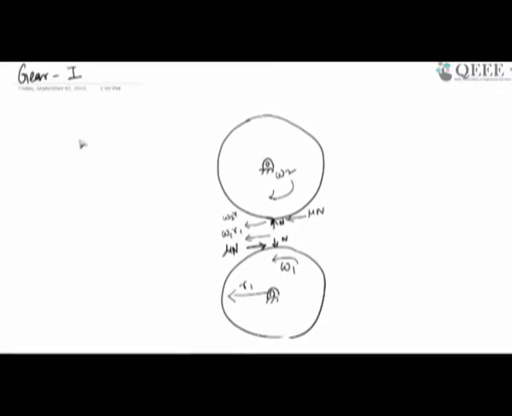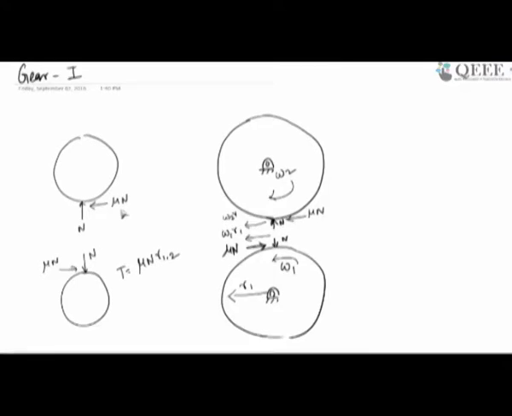So if I draw the free body diagram of each of these discs, there is a normal force and there is a frictional force, there is a normal force and there is a frictional force. This frictional force is basically going to give me the torque. So torque is mu n times r1 or r2, as the case may be, right.